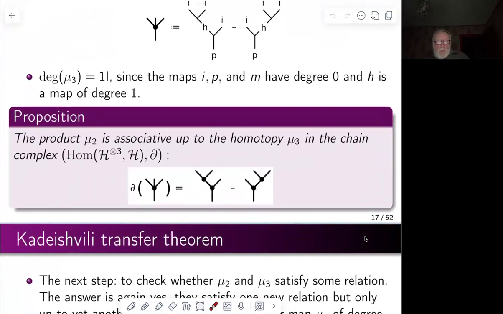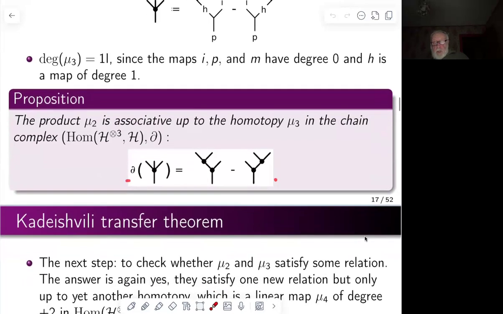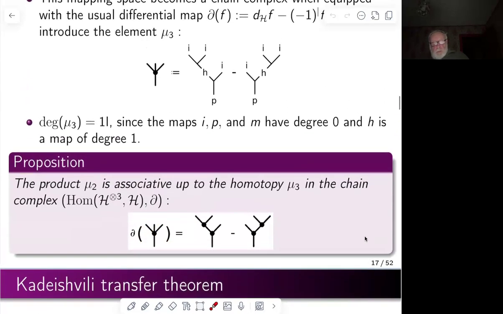Our product mu2 is associative up to homotopy if mu3 in this complex Hom of H3 to H with differential D partial satisfies this condition. So this associator is trivial modulo D of this.